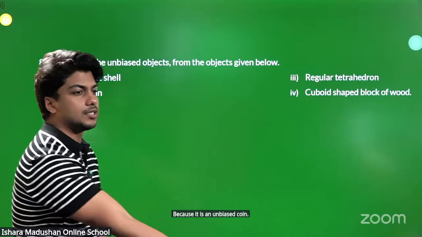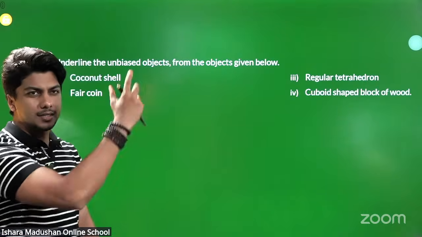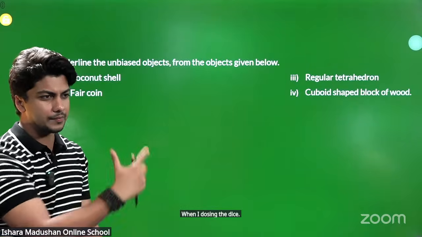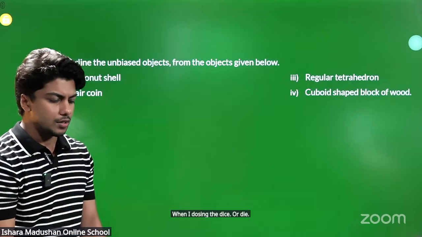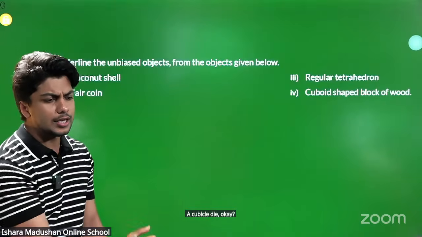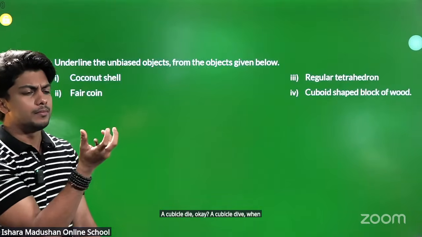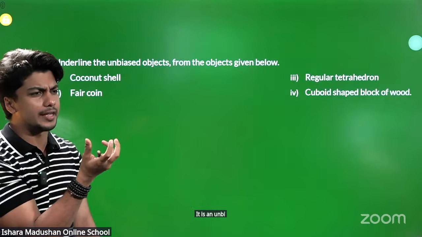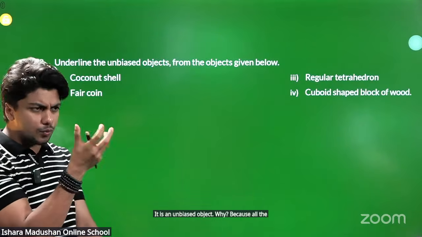I toss a dice, Buddha. When I toss a die, a cubical die, since it is a cube, it is an unbiased object. Why? Because all the surface areas are equal.